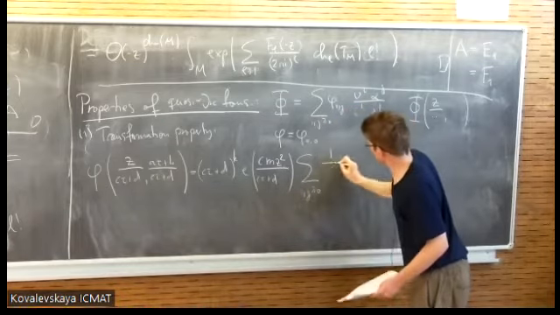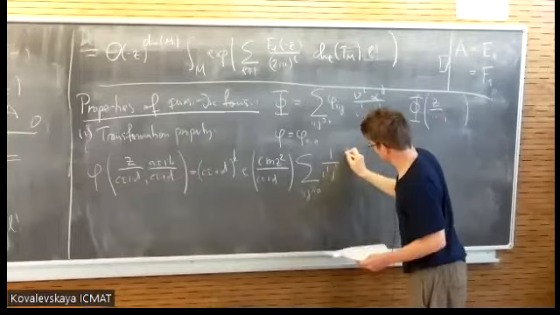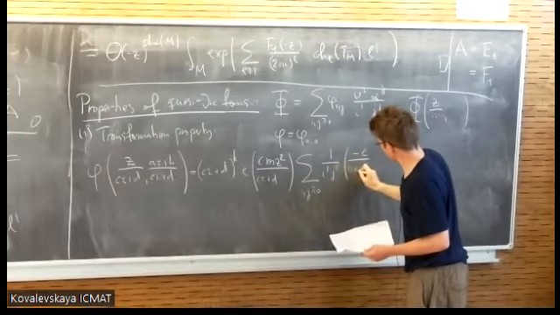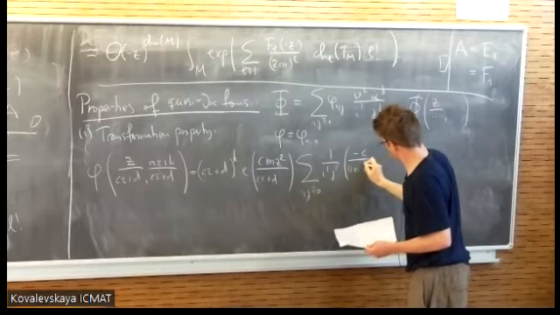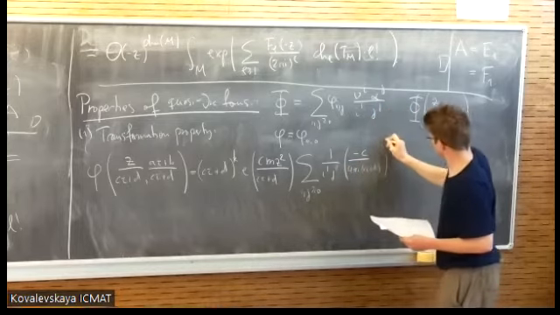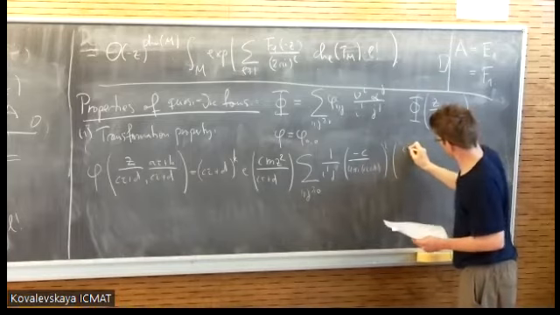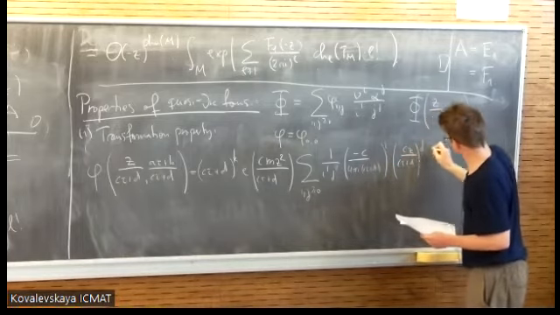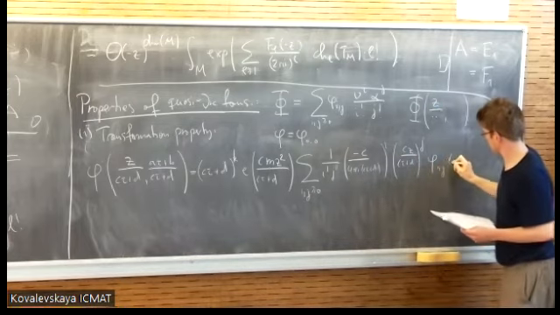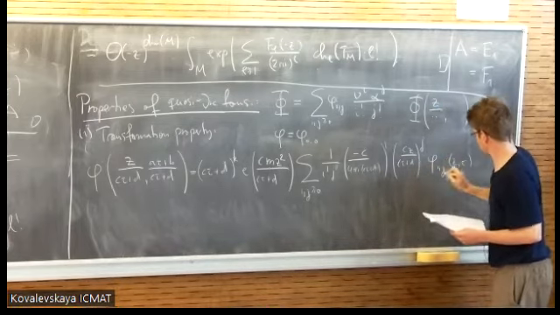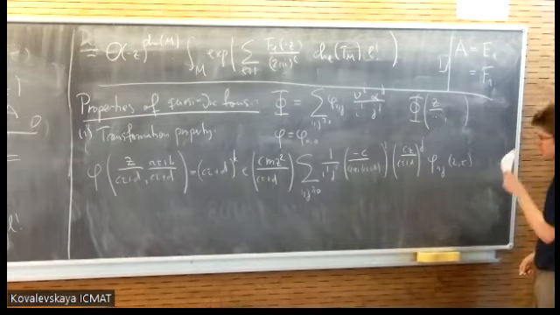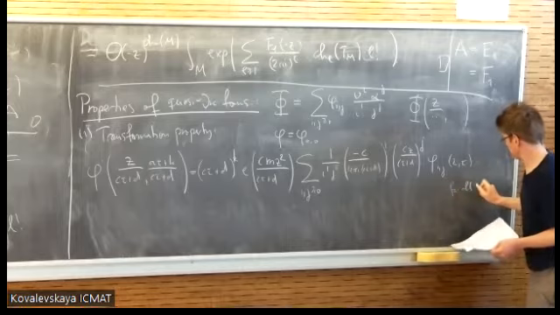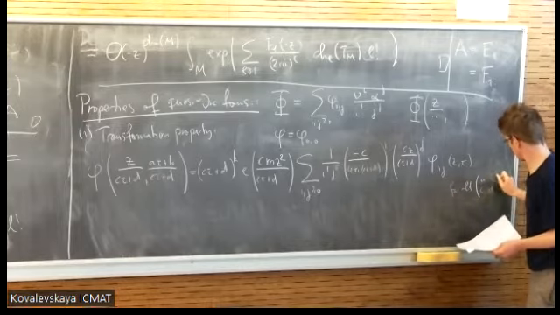Namely, you get 1 over i factorial, j factorial, and you have minus c over, and these terms don't really matter, but just for correctness' sake. And this is for all in this SL2Z.